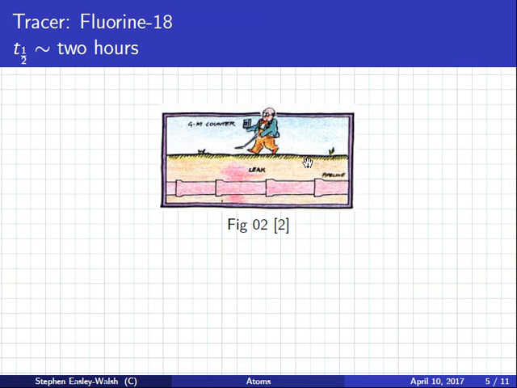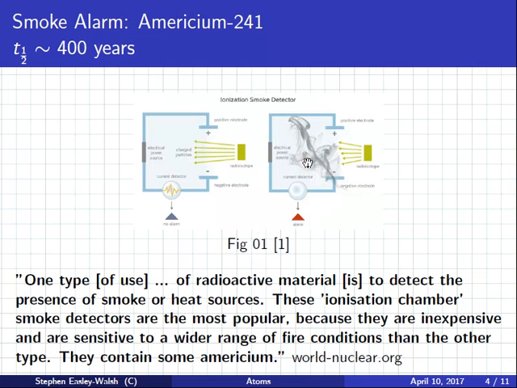The next one, another bit of information up here. Smoke alarms use americium-241. The half-life of americium-241 is 400 years, meaning that this will still be good for a couple of hundred years. Of course, the rest of the alarm won't be, because the circuit and the metal will corrode before the americium becomes less radioactive.